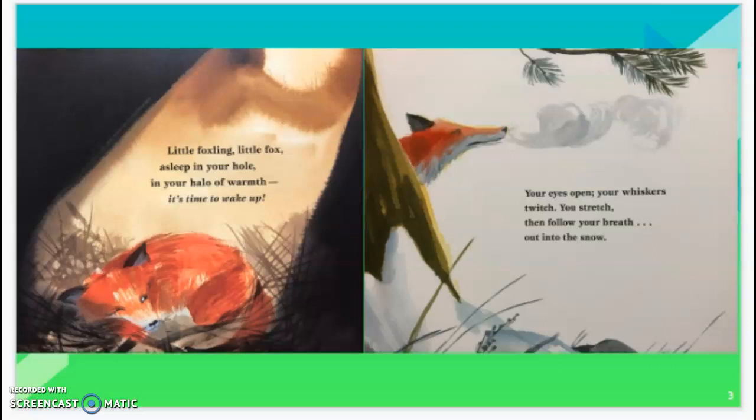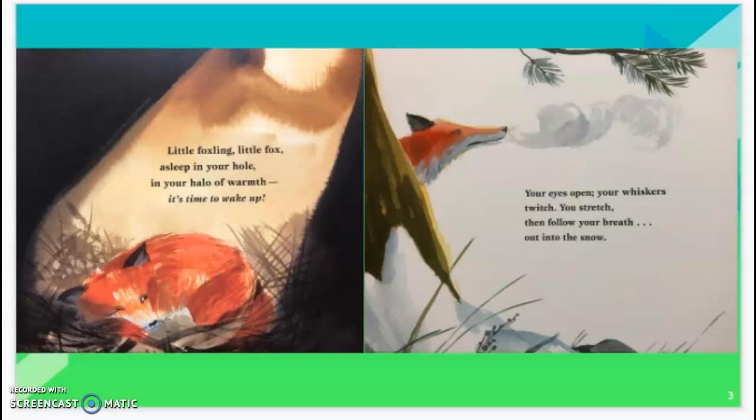It also says a little foxling right here, little foxling, little fox, asleep in your hole. I can tell from the picture right here, it's not a teeny baby with its mommy. It's old enough to be on its own, so it's probably a young fox. So based on the picture and based on the words, I'm able to understand more about this character.